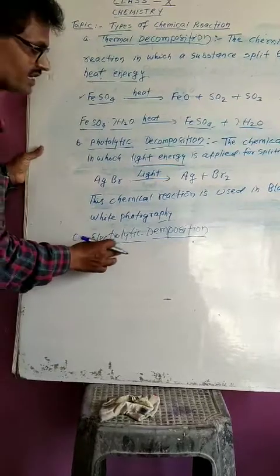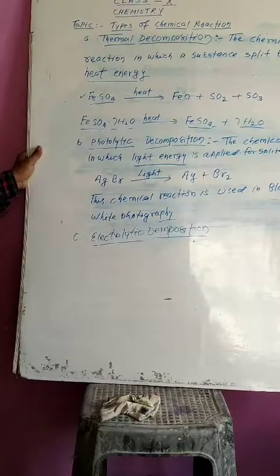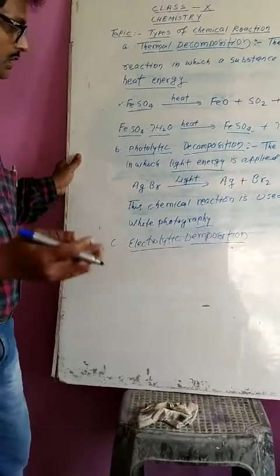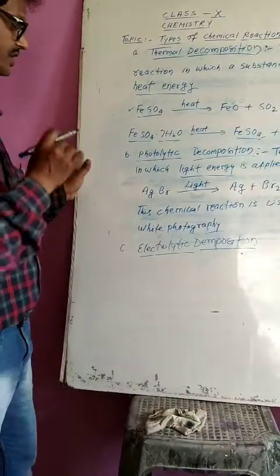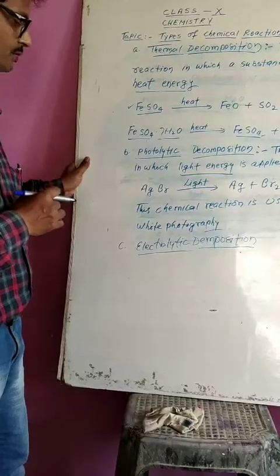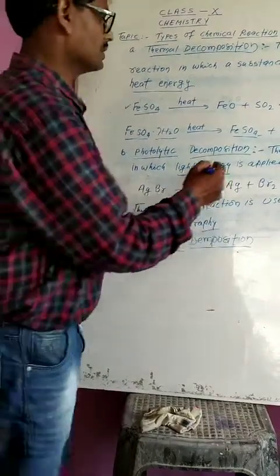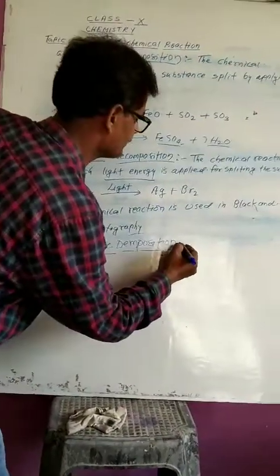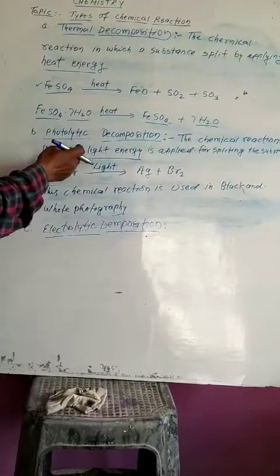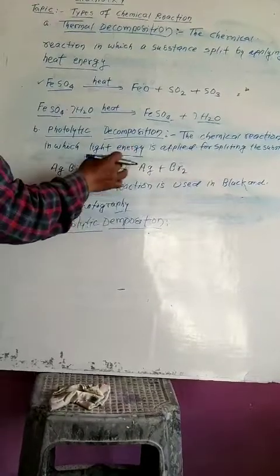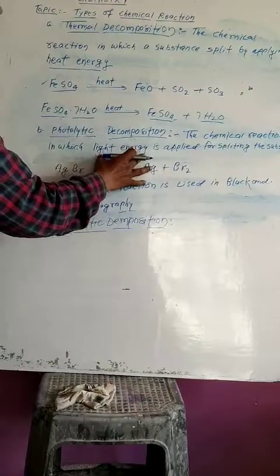It means the chemical reaction in which a substance splits into two or more products on applying electrical energy, then it is considered the electrolytic decomposition. The definition may be written in the same way, only we have to use electrical energy in place of the light energy.